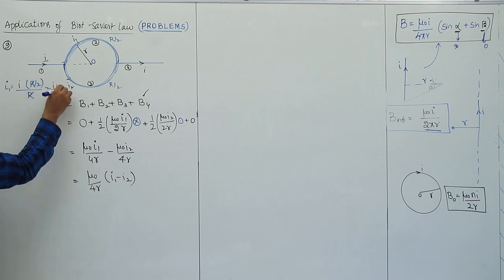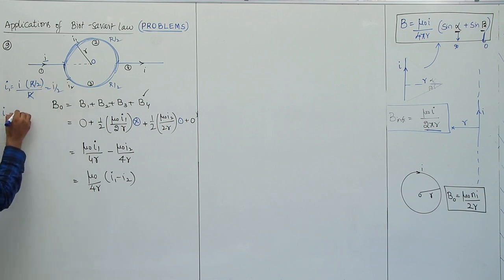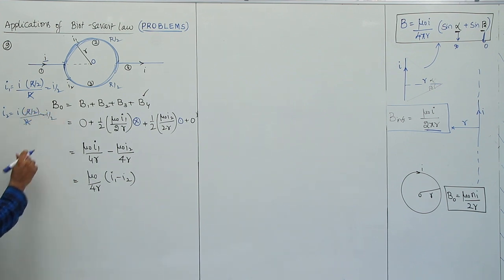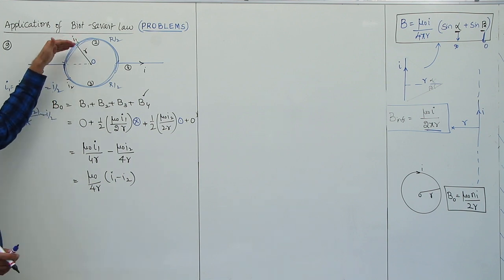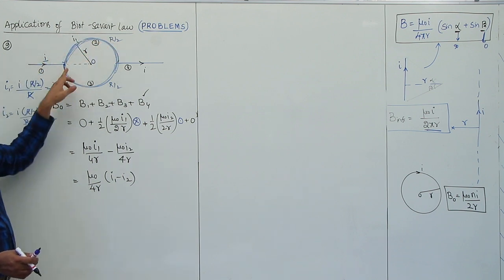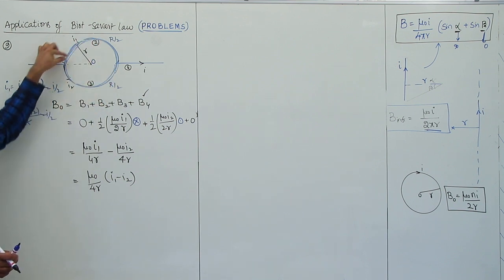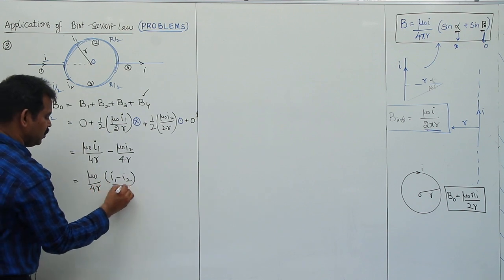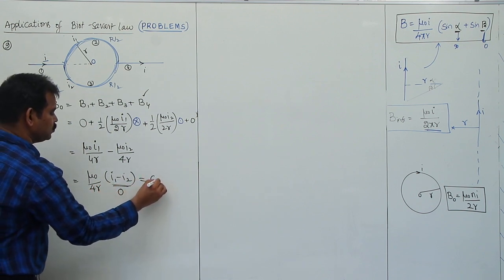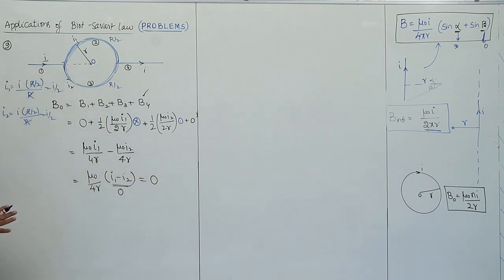This will cancel. This is I by 2, and I2 also is I into resistance on the other branch by sum of the 2 resistors. This is I by 2. So I1 is equal to I by 2, I2 is equal to I by 2. As this portion has resistance R by 2 and this portion has resistance R by 2, as resistances are the same, currents will be divided equally. So I1 minus I2 will become 0. So the magnetic field at the center of this one will become 0.